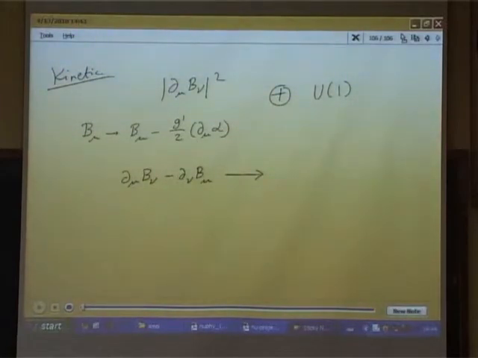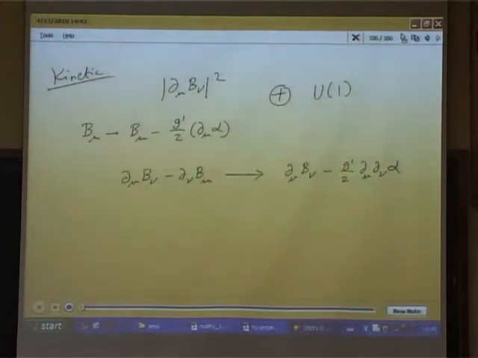B_nu went to B_nu minus g'/2 ∂_nu alpha.